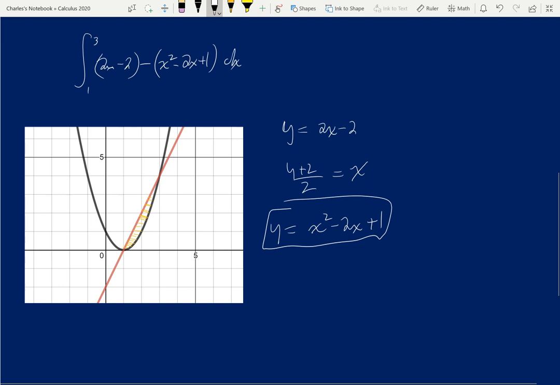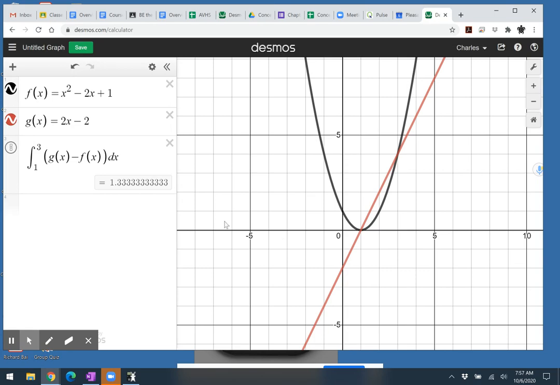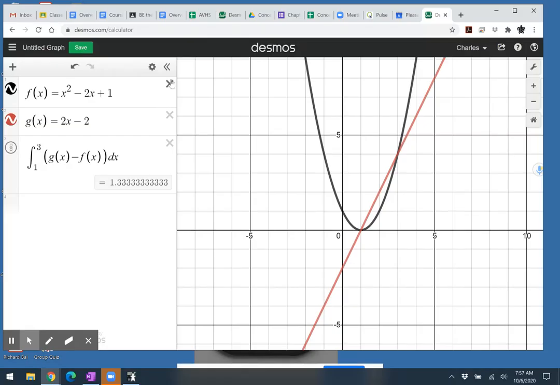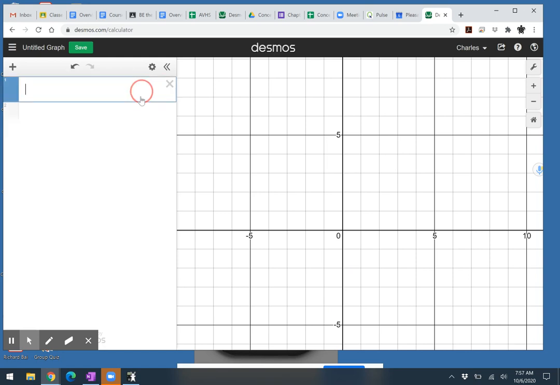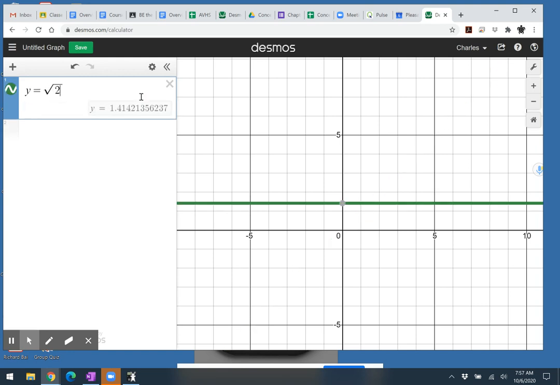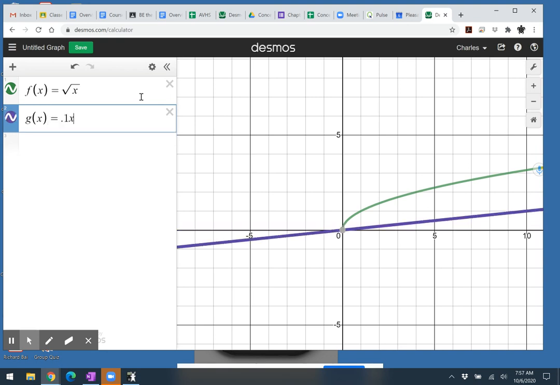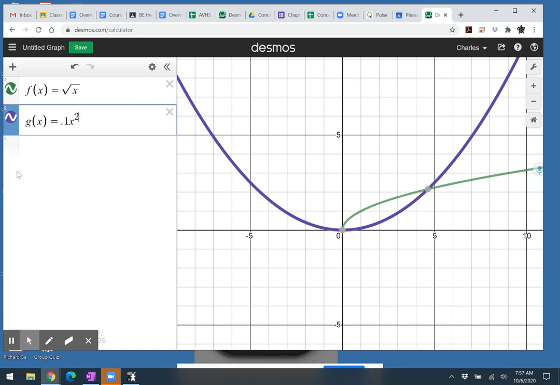Well, let's go back to the original functions that I had. What was it? Y is equal to square root of x, and g of x is equal to 0.1 x squared.